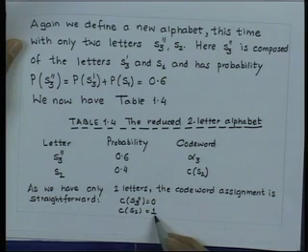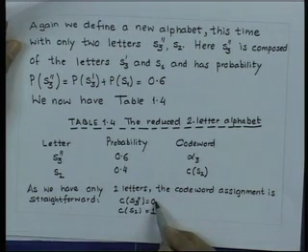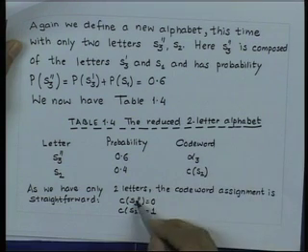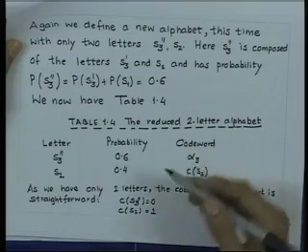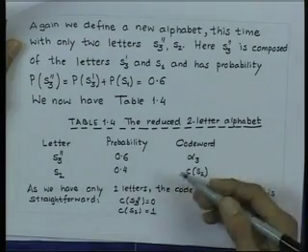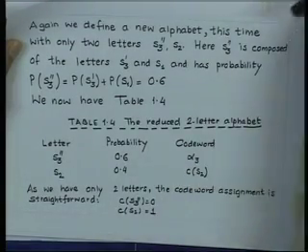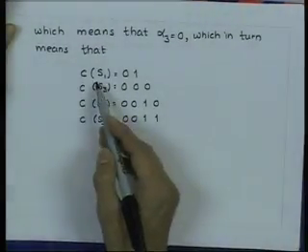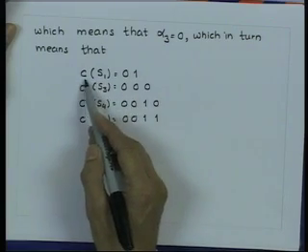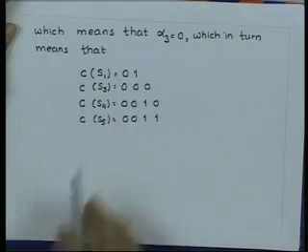So, C of S2 is equal to 1, C of S3 double prime is equal to 0, which means that alpha 3 is equal to 0, because C of S3 prime is alpha 3. Since we have solved for alpha 3, we know alpha 2, we know alpha 1, we can go back and resubstitute for the code words, and finally what we get is this.